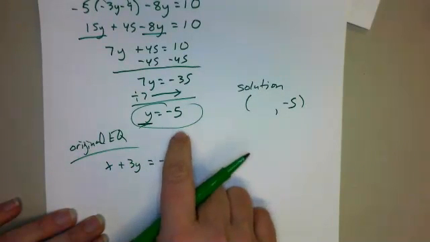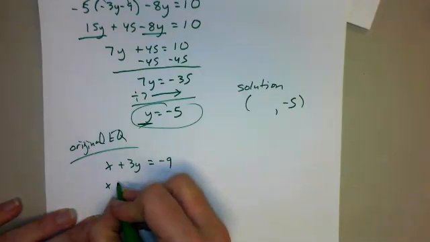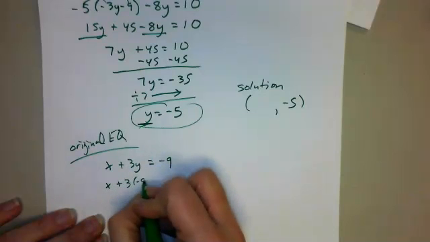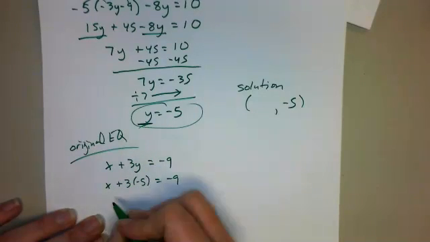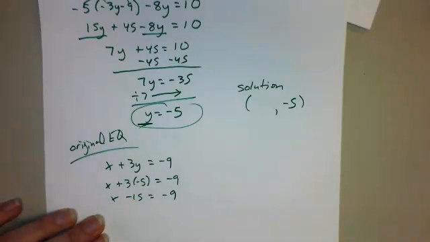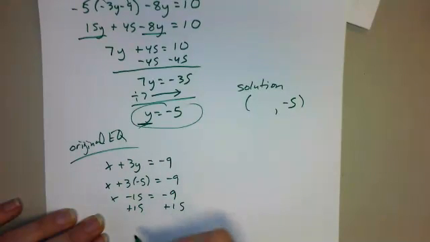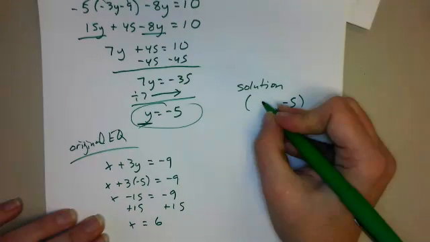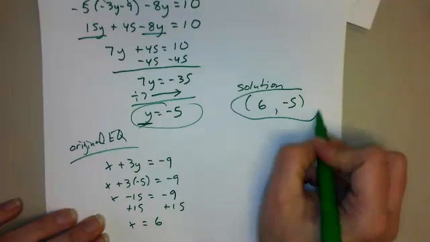I'm plugging in for y here. So x plus 3 times negative 5 equals negative 9. Okay, and I'm going to add 15 to both sides. And I hope you see that x equals 6. So we've got 6 comma negative 5.